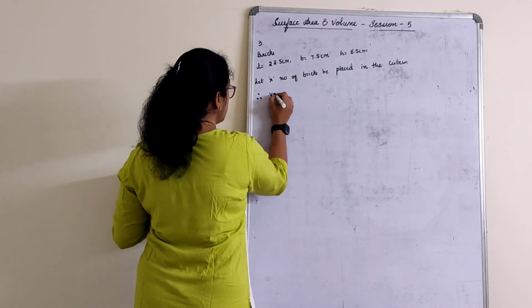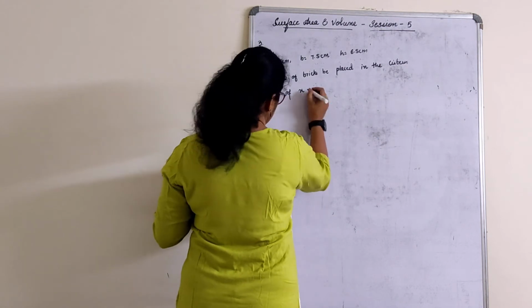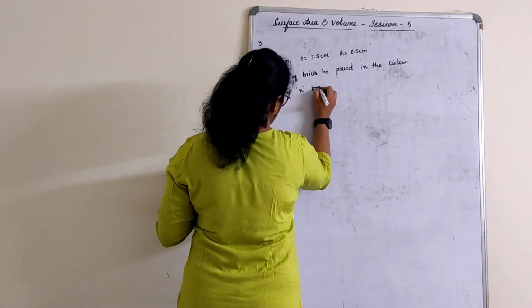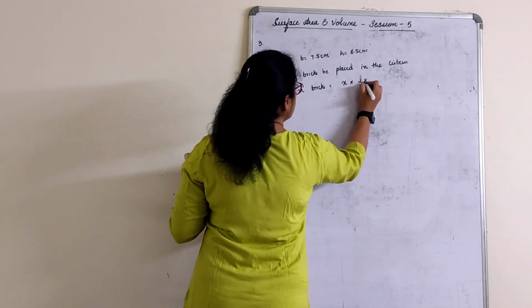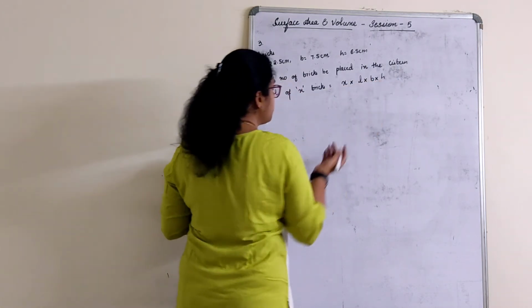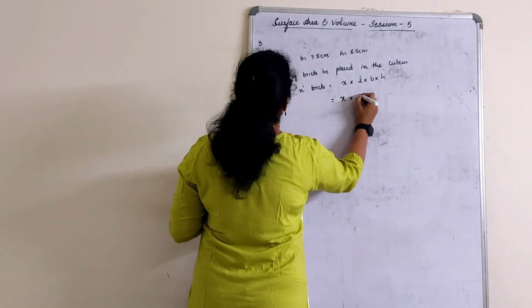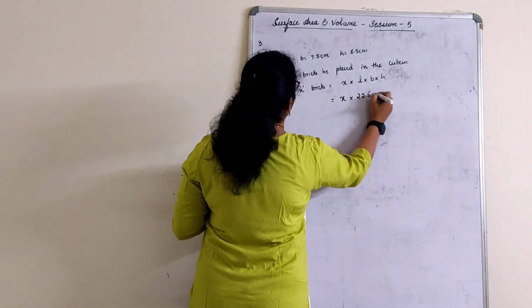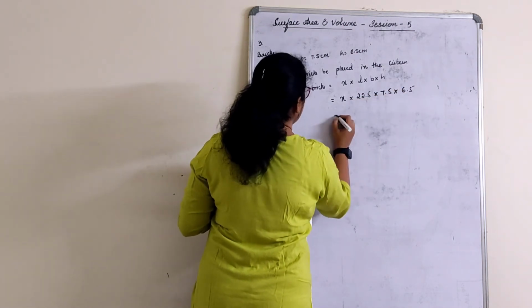Therefore, volume of x bricks is x into length into breadth into height. X remains as it is, it's an unknown number. X into 22.5 into 7.5 into 6.5.